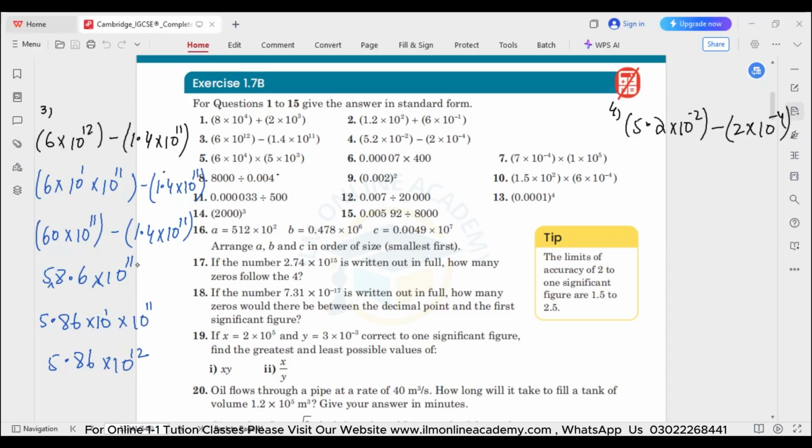This is not the only way, like just splitting 12 into 11. You can make 11 into 12 as well. So that can also be one way. So any way we can use. If you are thinking about how we can change this 11 into 12, you can try that as well. For that, you will multiply with 10 and divide by 10 as well. Okay, so accordingly, you can check it.